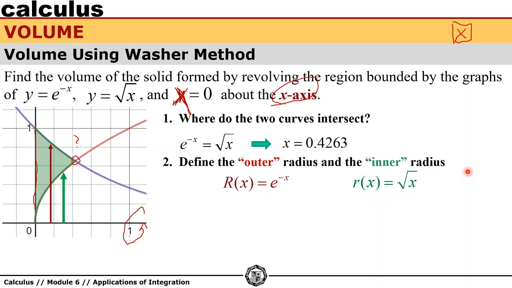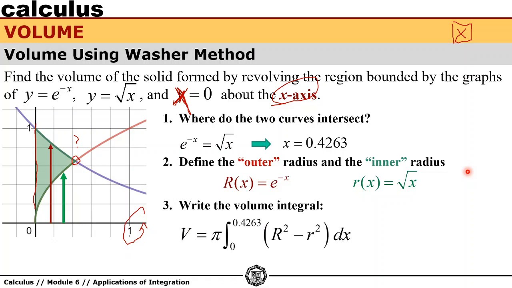And then the third step is to write the volume integral. The volume integral is pi times the integral from 0 to 0.4263, where remember 0.4263 is that intersection point there. We're going from left to right as far as our washers are concerned. We integrate big R squared minus little r squared. If you're doing this without a calculator, you would plug e to the negative x in for big R, which becomes e to the negative 2x, and plug the square root of x in for little r, which just becomes x.